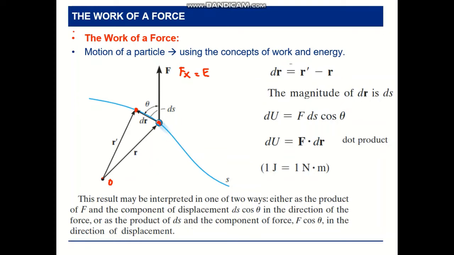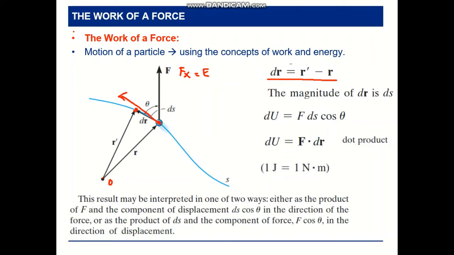let's say we have r and r prime. From our vector calculus, we know that dr, the distance from this point to this point in vector representation, is dr equals r prime minus r, as it is here, and then the force acts on it. But we need to project onto the same direction, right?